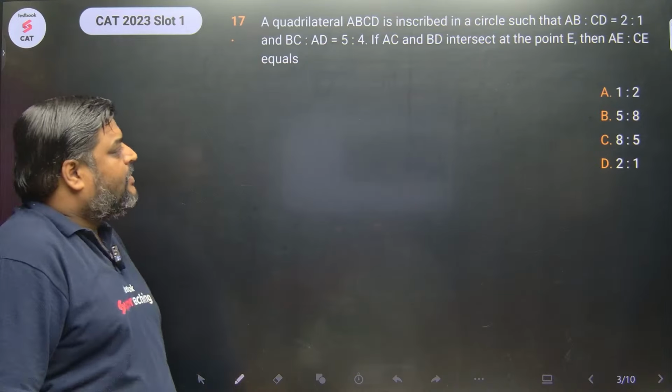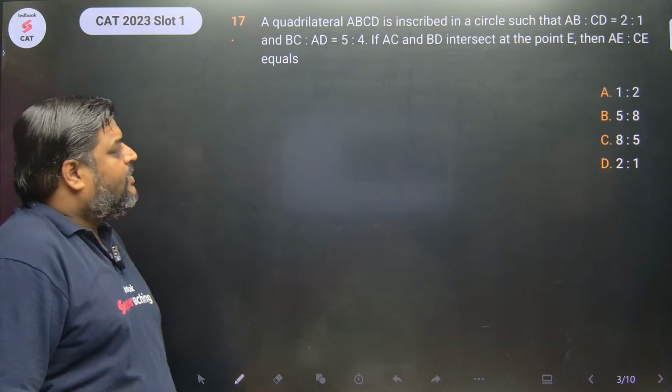There is a quadrilateral ABCD inscribed in a circle. Let's draw a circle. And there is a quadrilateral ABCD inscribed in the circle.